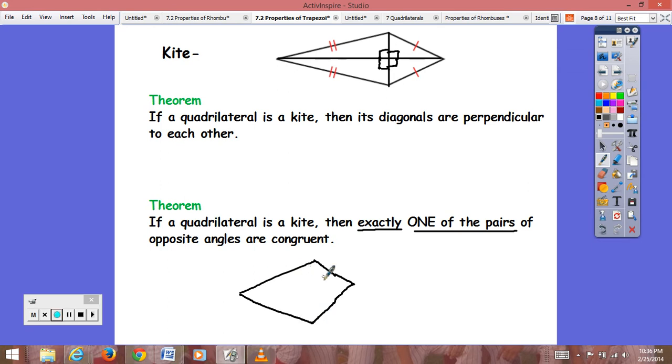Then we can say exactly one of the pairs of opposite angles are congruent. So if we say that these are two congruent sides, then either this pair of opposite angles are congruent or this pair of opposite angles are congruent, but only one of the pairs. If we are going to use these two, then these two angles can't be congruent.